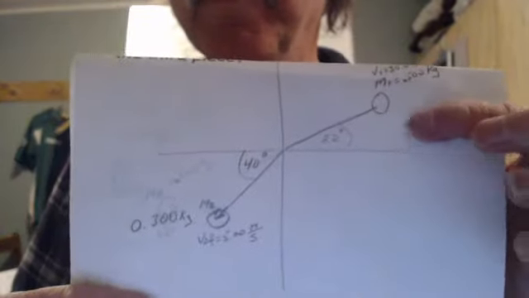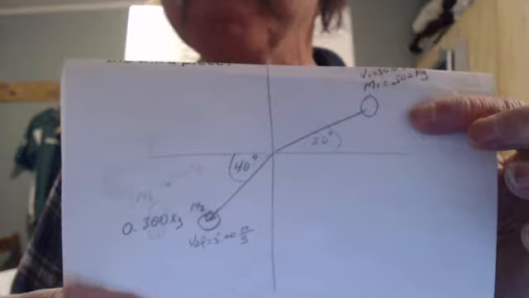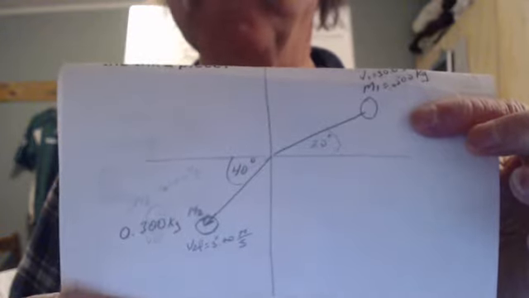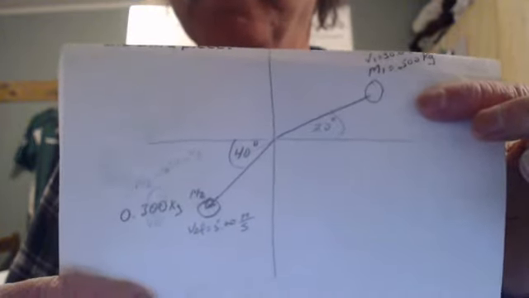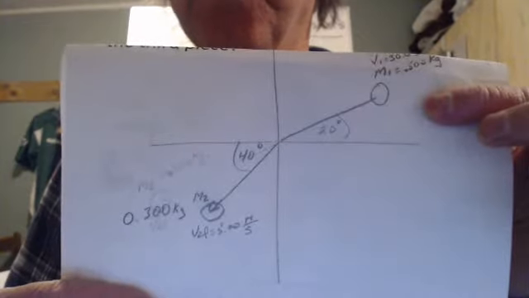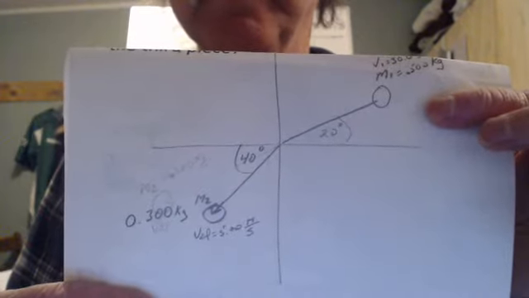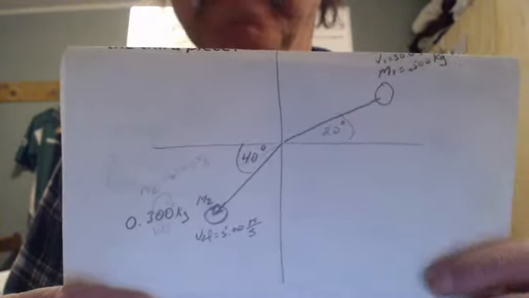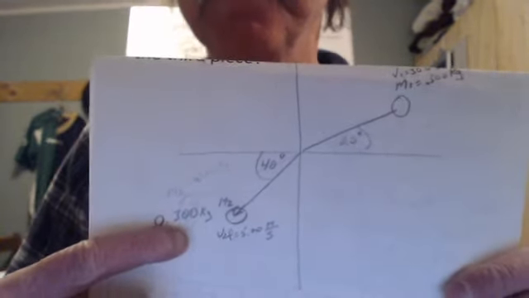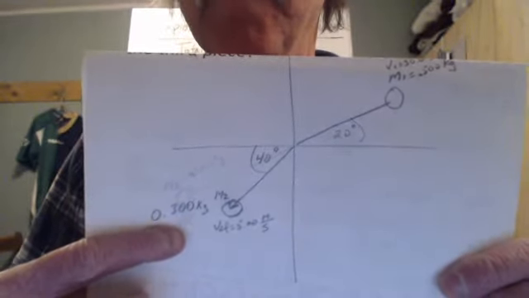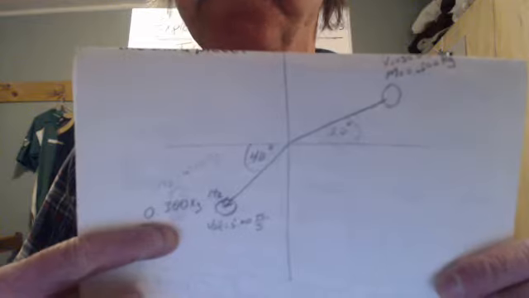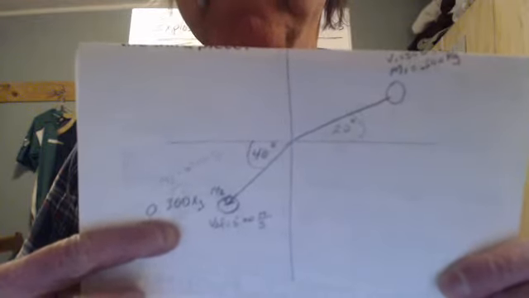Okay, so we've got a mass up there. That's mass 1. It's flying off at 20 degrees north of east. And then down here we have mass 2. It's flying off at 40 degrees south of west.